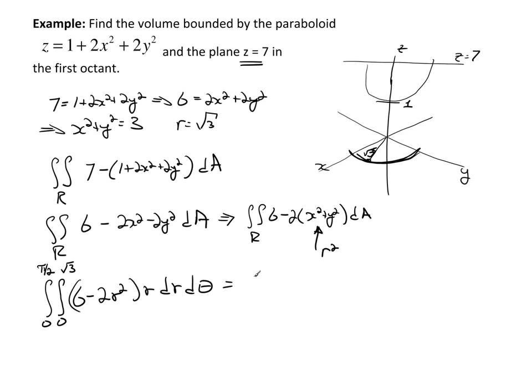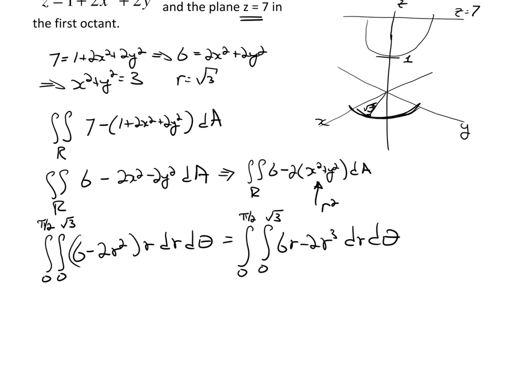which obviously I would distribute that r to make the integral so much easier. Let's see, 6r minus 2r cubed dr d theta. So the first piece, I'm going to work with just this.